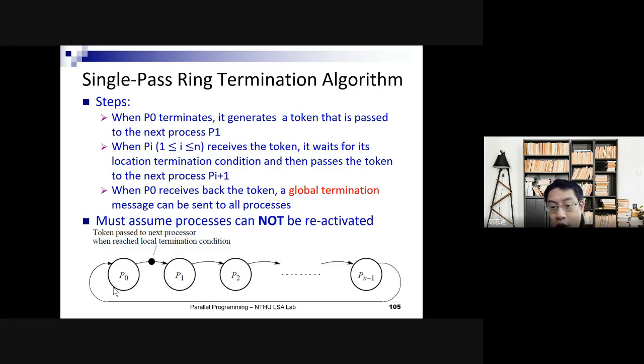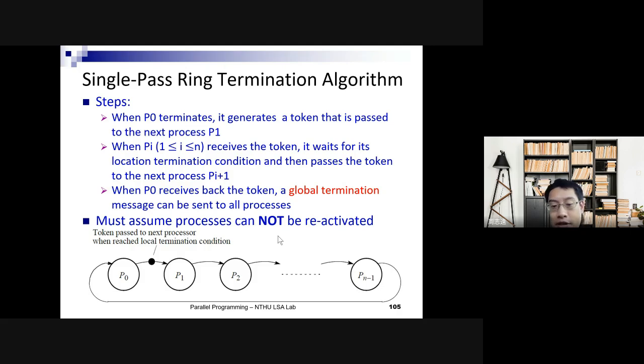This algorithm is pretty simple, pretty straightforward, and it will be correct if the processes cannot be reactivated. So what is meant by reactivate? Reactivate means that once a process reaches a termination state, it cannot reactivate into a running state. So this algorithm only works under that constraint.